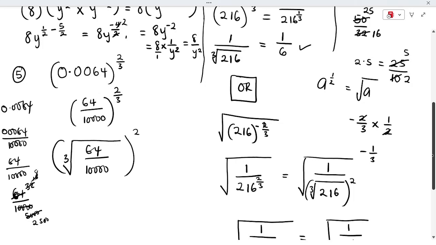Divide again: 16 becomes 8, and this is 1,250. So we are simply going to have the cube root of 8 over 1,250. Again, if you observe, 1,250 does not even have a cube root. So we get only the cube root of 8.